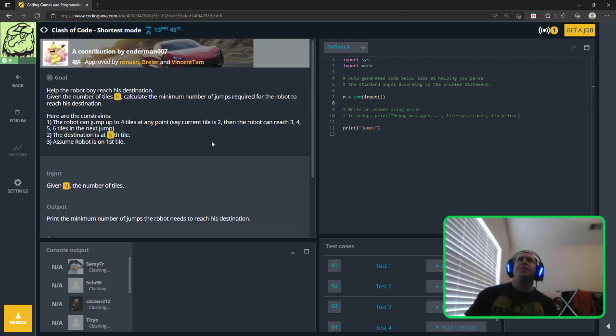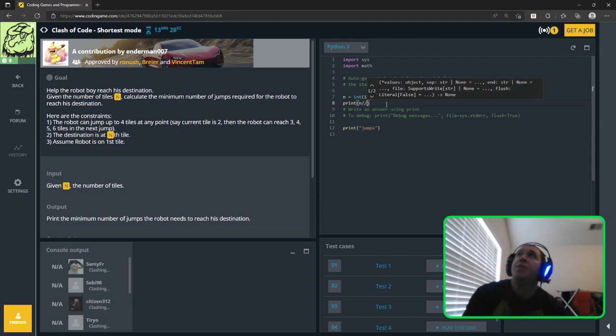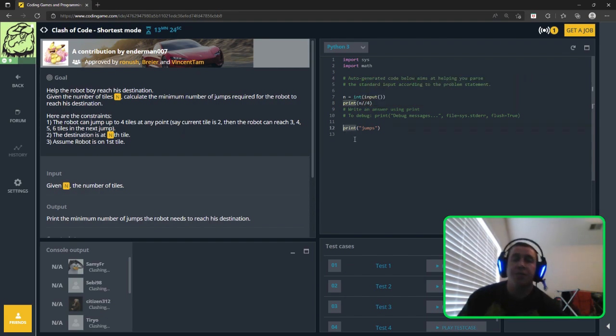Let's see. So you're just printing out n divided by 4, right? I think. Let's try it. Print n double divided by 4. See if that works.